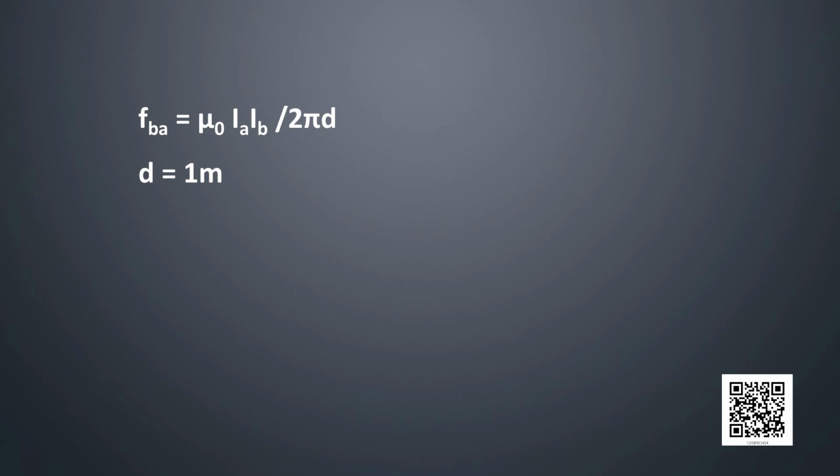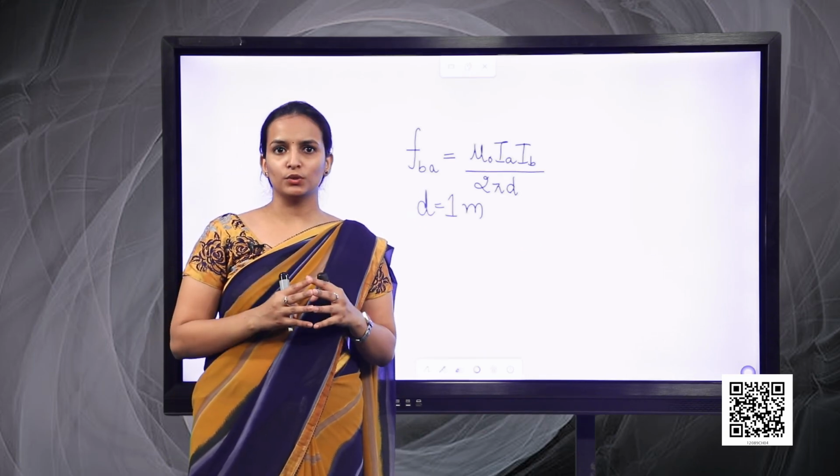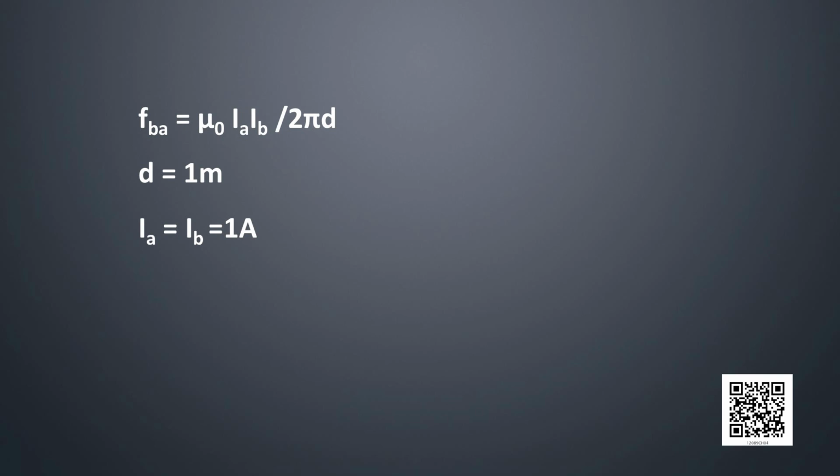When d is equal to 1 meter, and on substituting the value of mu naught and taking current through the conductors as 1 ampere, that is IA equals IB equals 1 ampere, I will get force on B due to A per unit length equal to mu naught, this mu naught is 4 pi multiplied by 10 raised to the power minus 7, multiplied by 1 ampere, 1 ampere divided by 2 pi, 1 meter. d is equal to 1 meter.